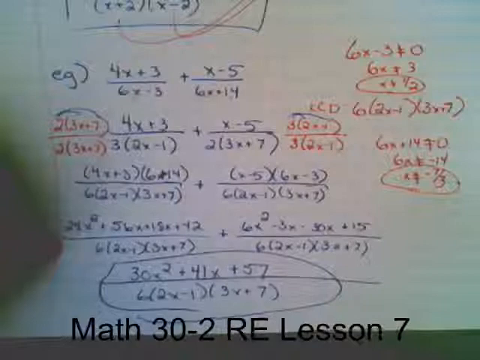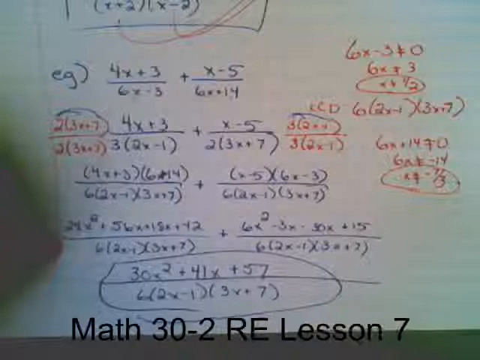The other non-permissible value comes out of here. I get 6x plus 14 can't equal 0. So 6x can't equal negative 14. So x cannot equal negative 14 divided by 6, which is negative 7 over 3, negative 7 thirds. Okay, so that's what I end up getting.